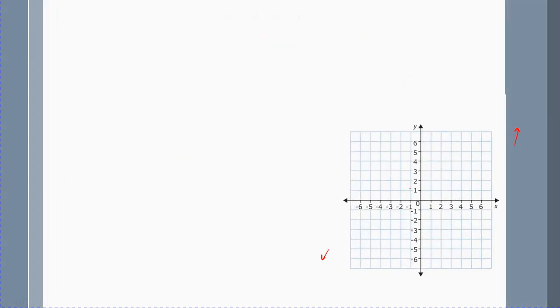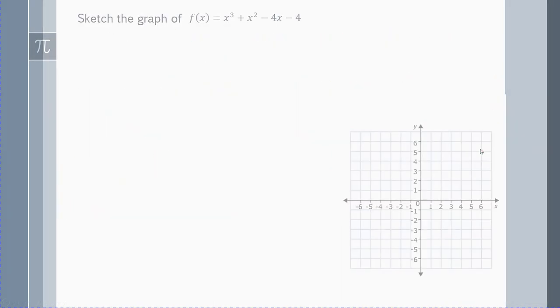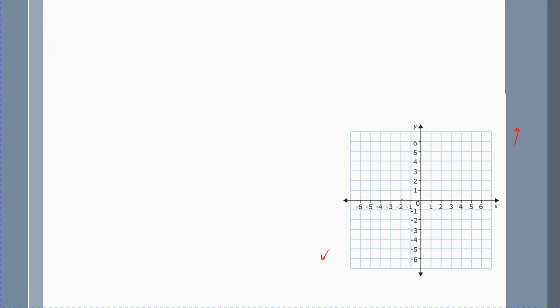So here's what's awesome: you're going to cut through this. That means, and I know the end behavior, on this end it's going to have to come down this way, and on this side it's going to have to come back up this way.